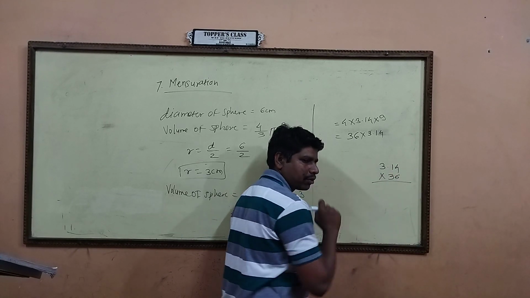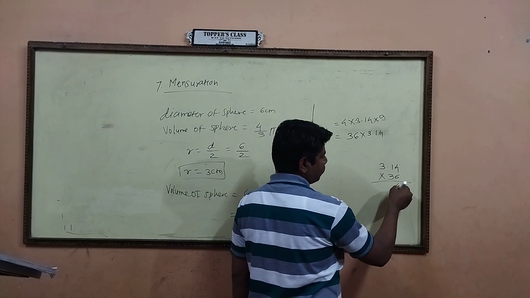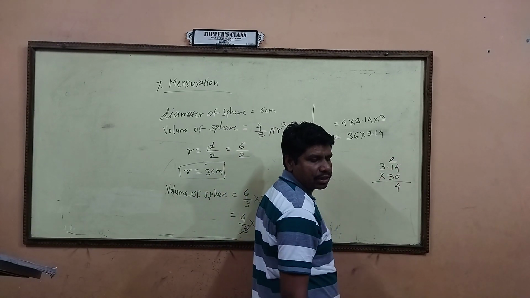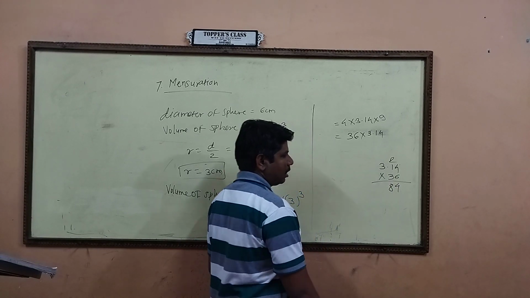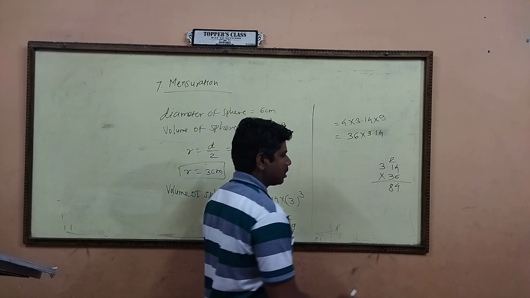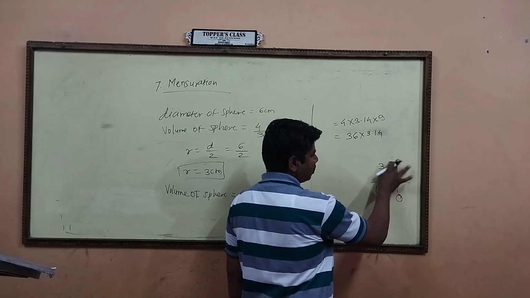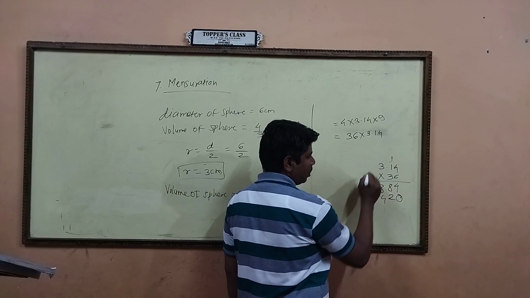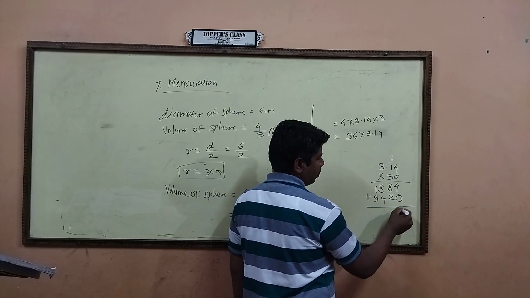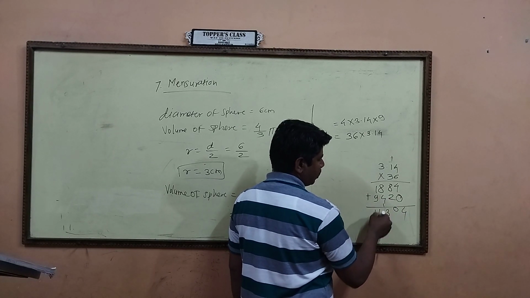We will not think about the decimal point. 6 fours are 24; 6 ones are 6 plus 2 gives 8; 6 threes are 18. Then 3 fours are 12; 3 ones are 3 plus 1, 4; 3 threes are 9; 4, 10, 13, and here we get 11.